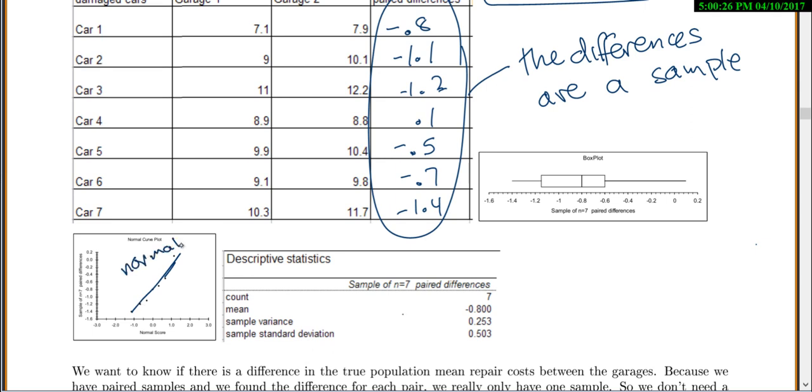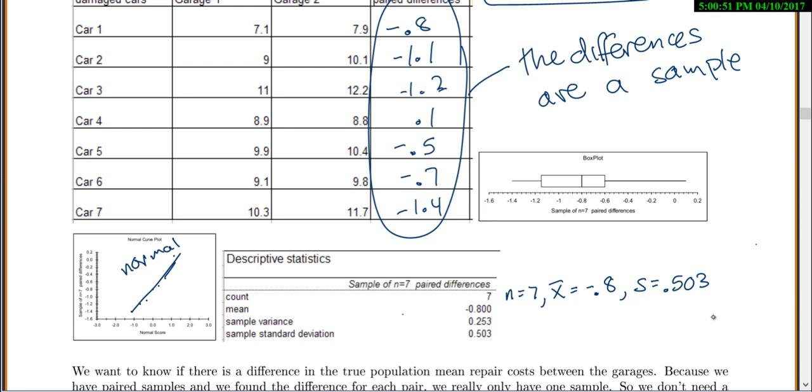That's close enough. I can even do descriptive statistics on it. I can do my count, so n equals 7, my mean, x bar equals negative 0.8, and the sample standard deviation of s equals 0.503. So you can even go through and find all of these results for the differences.